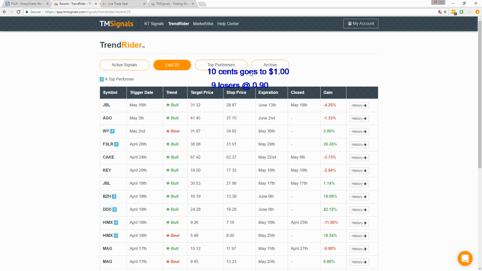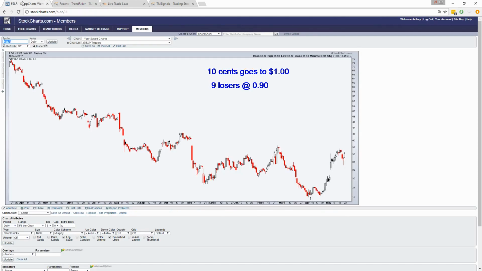That's about 30%. So let's take it. What do our losers come up to? 7 losers, 70 cents is our loss. 3 winners, $2.70 is our gain. Did we lose more times than we won? Absolutely.